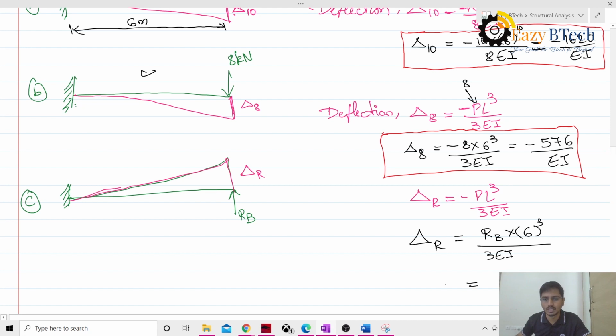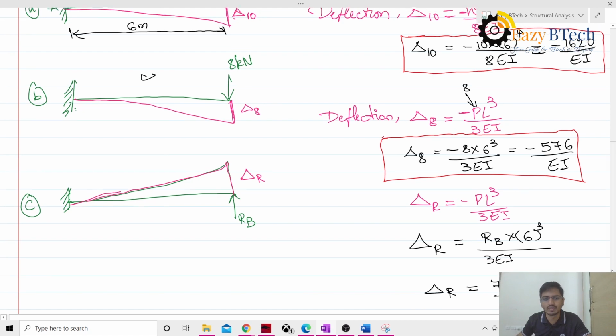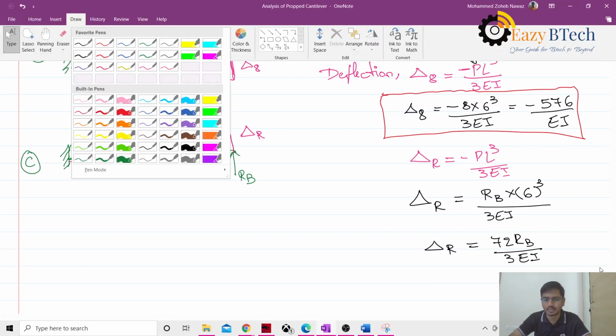Solving this, I'll get delta R equal to 72 RB by EI. This will be positive. Why positive? Because the deflection is acting in the upward direction.